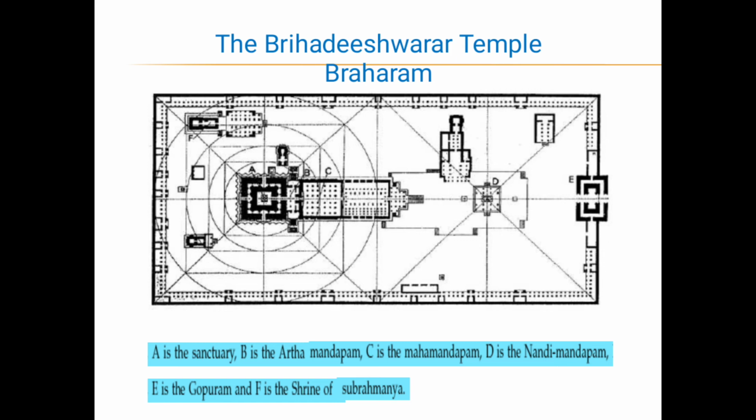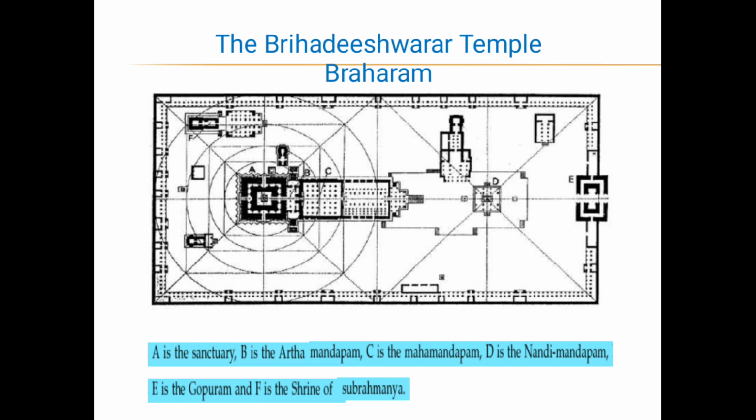F is the Subramania temple, which is included in the temple Pragaram. If you look at this picture, it is divided into two parts: the entrance of the temple to the middle of the temple Pragaram, and the middle of the temple Pragaram to the end of the temple, which are perfectly divided into squares.